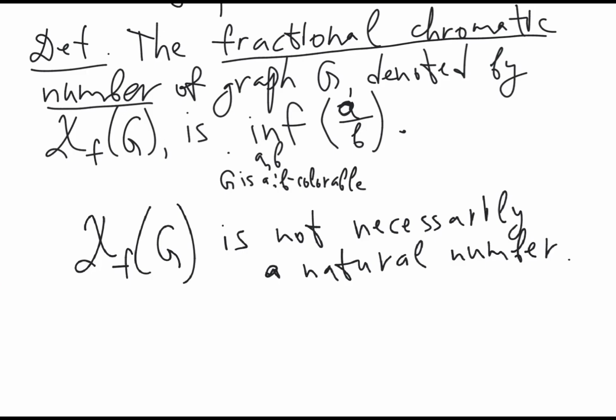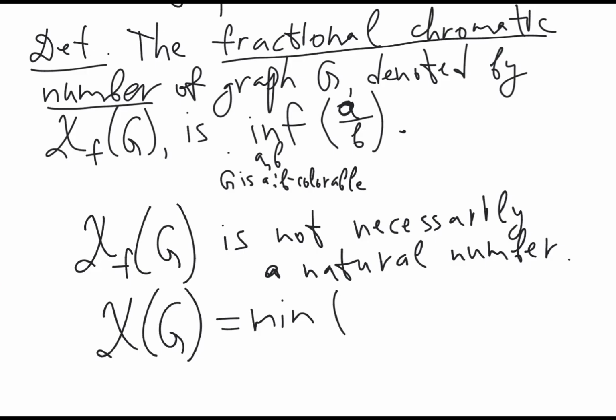because the regular, so remind that the regular chromatic number of G is defined as the minimum number of colors. Let's write it as the minimum of A, to keep the same notation as here. A is the total number of colors, because in the fractional coloring, A is denoted as the total number of colors.